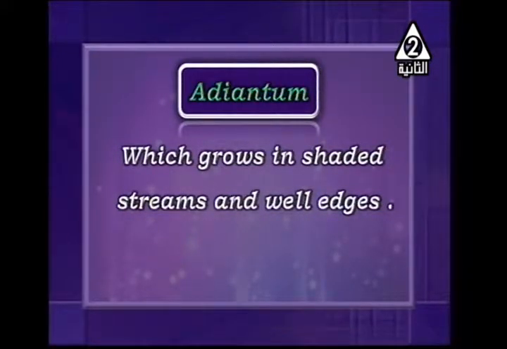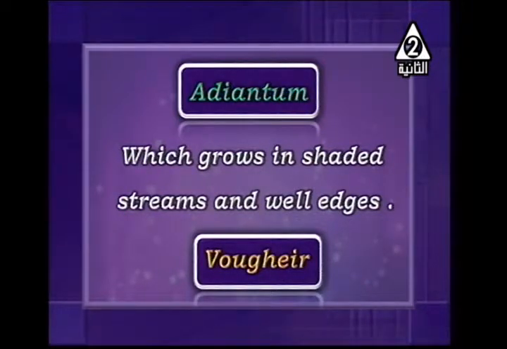Also we have Pteris. So we have Polypodium, Adiantum and Pteris. Those are three different examples of ferns, plants that reproduce by alternation of generation by two cycles, one of them sexual and the other alternating with asexual reproduction.